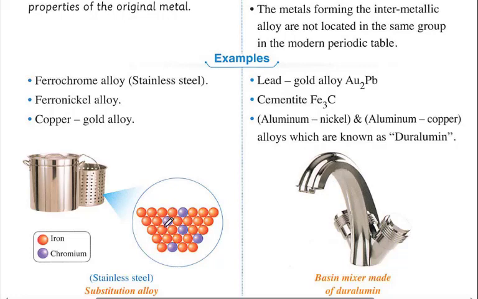So if the two metals have similar size, similar crystal lattice as a whole in shape, and same chemical properties, then they form with each other what is called substitution alloy. Substitution means we substitute one of the atoms in the crystal lattice with an atom of another element which has the similar atomic size, similar crystal lattice as a whole, and similar chemical property.